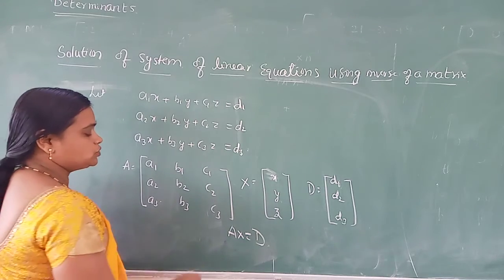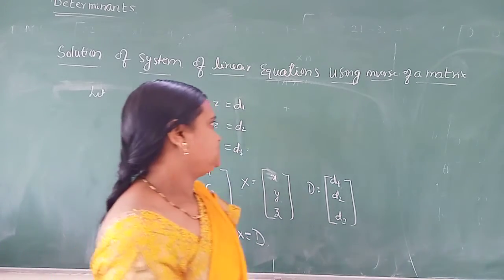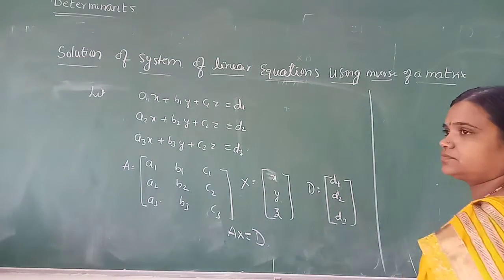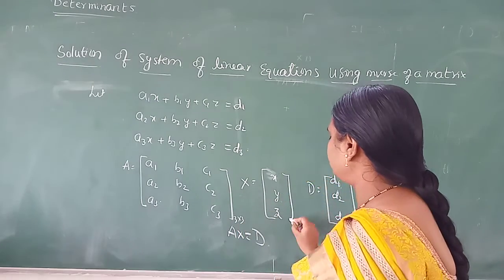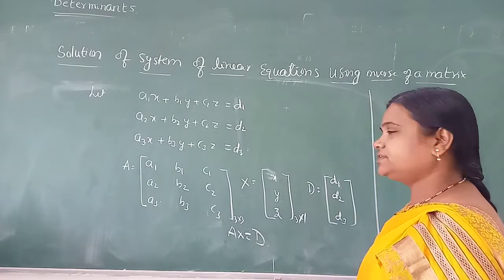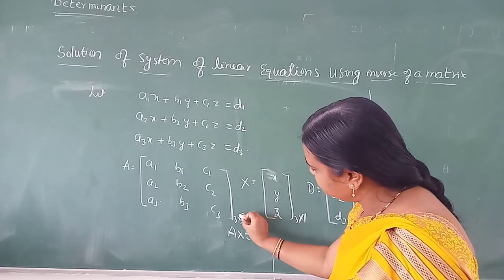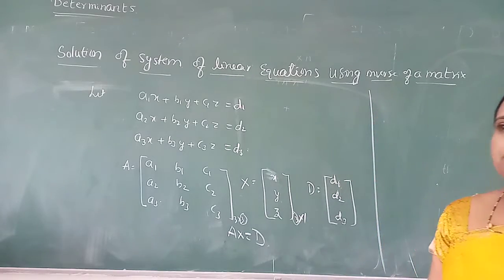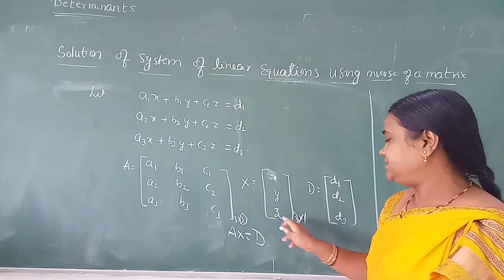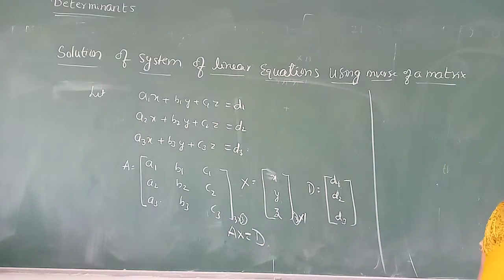Whether matrix multiplication is possible or not, you have to verify. See here. This is of order 3 cross 3. This is of order 3 cross 1. See, the column of the first matrix and the row of the second matrix are equal. We will get a matrix of order 3 cross 1.